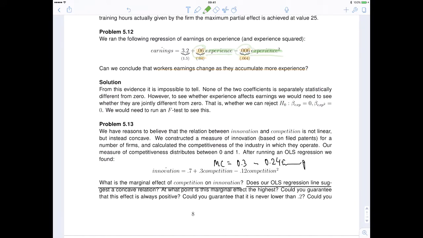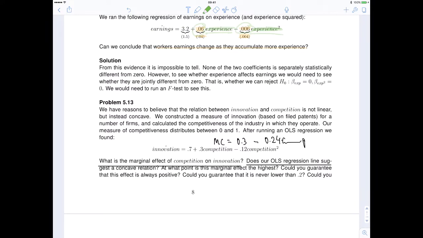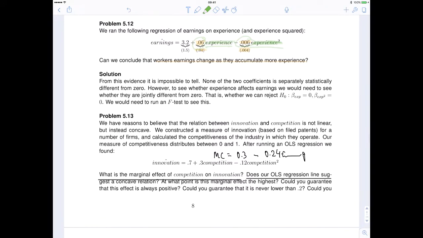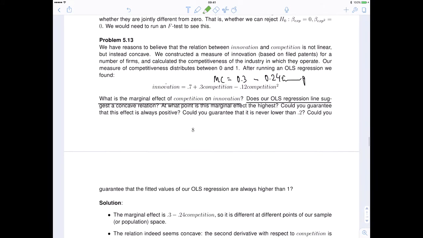You need an f-test. Okay? And so yeah, the result of one f-test can be different from the results of those two t-tests? Of course. So it's a bit of a trap here, right? Because students might be inclined to say, oh, the one is statistically insignificant, the other is statistically significant, so yes, experience doesn't matter. But really what you need is a joint test there.